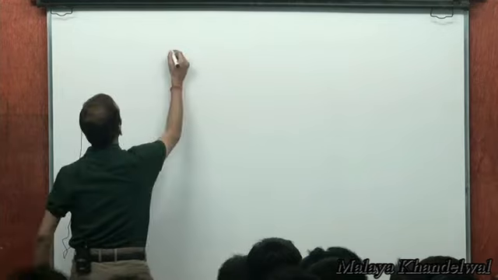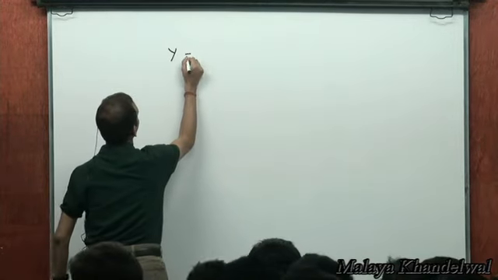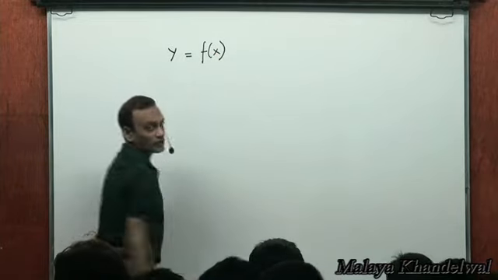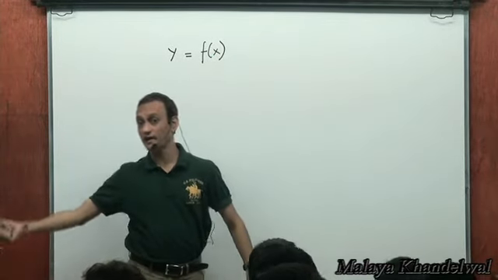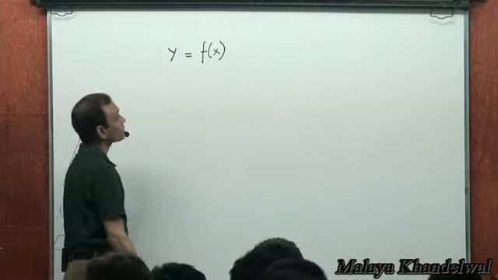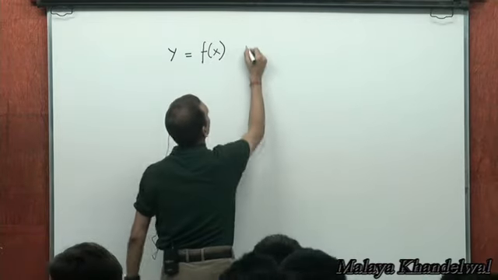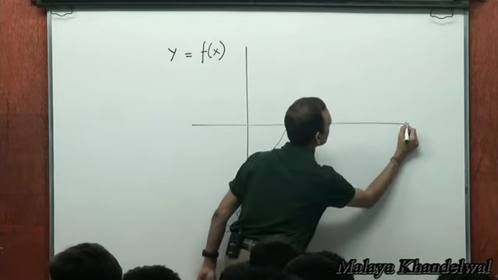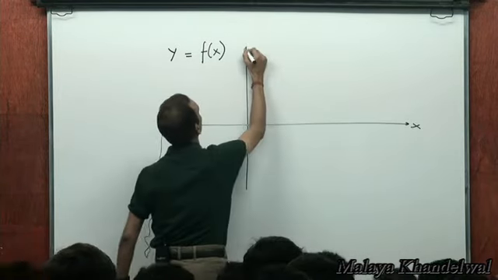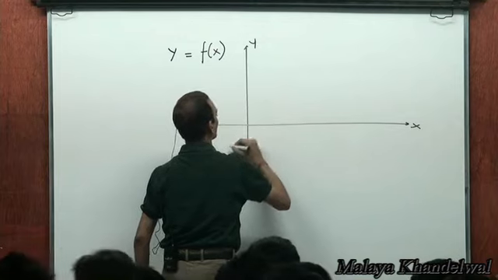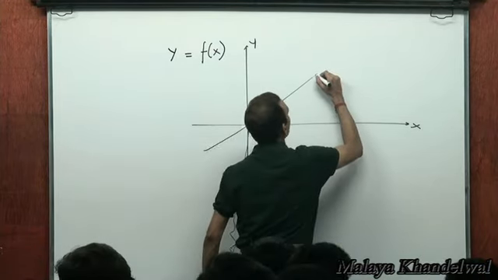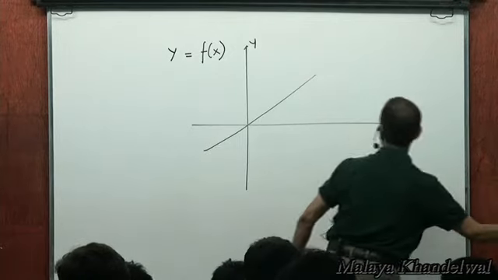So if I talk of a curve y equal to f(x), and say this is an inclined asymptote, let me get general about it.